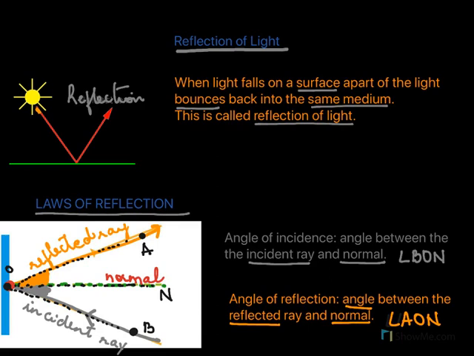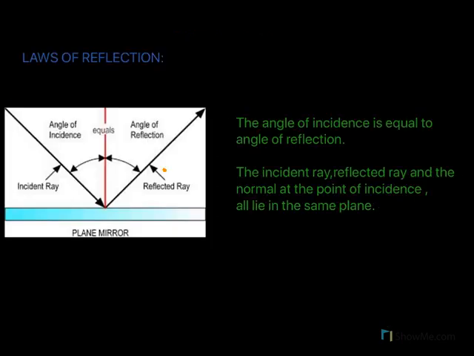Now that we know these terms, let us learn the laws of reflection. The first law says the angle of incidence is equal to the angle of reflection. Here is the angle of incidence between the incident ray and the normal, and this is the reflected ray, and here is the angle of reflection.